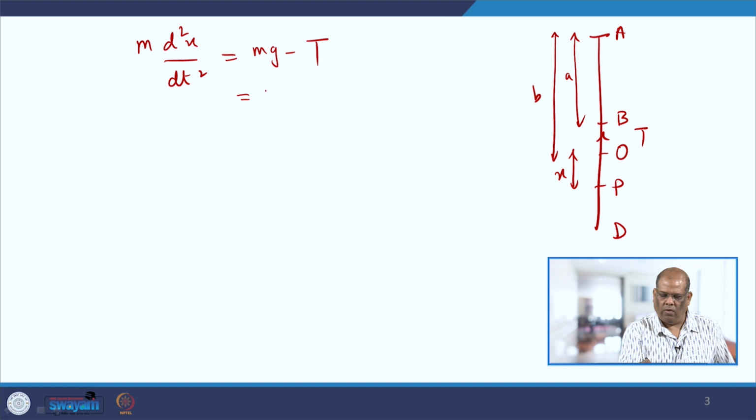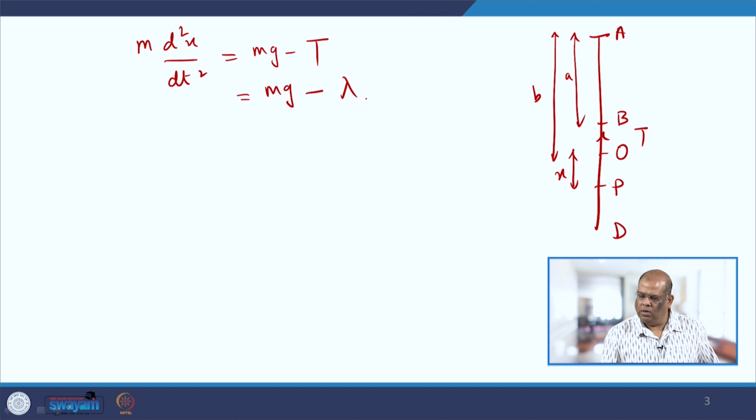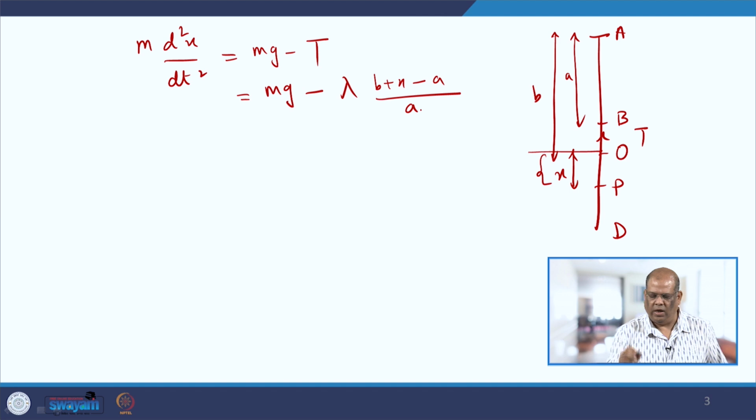So, this is equal to mg minus lambda times, up to this much is your B and then this much is your X. So, the total length is B plus X minus A, that becomes the increase in length, divided by the original length, which is your A.